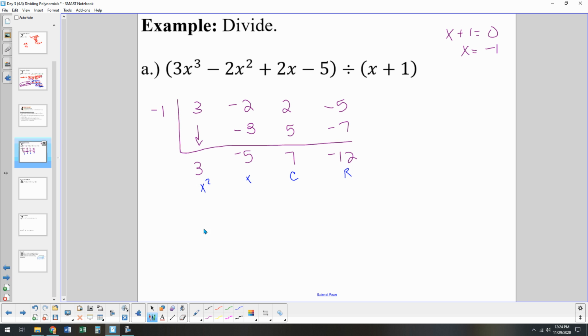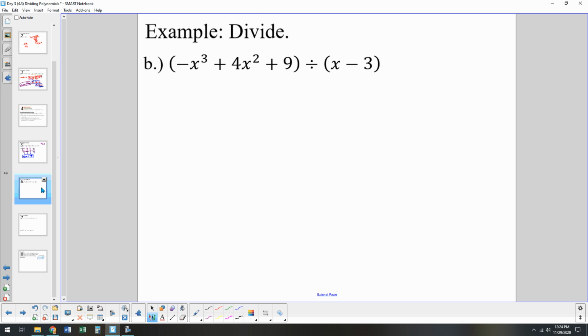So this turns into 3x squared minus 5x plus 7 plus the remainder of negative 12 over the thing I divided by, x plus 1. So this is actually the answer for this division problem.